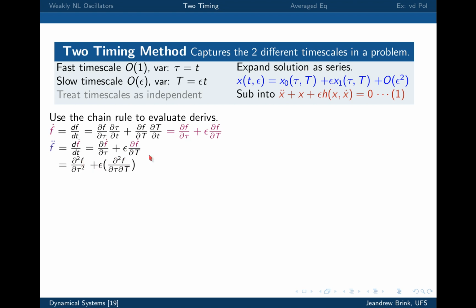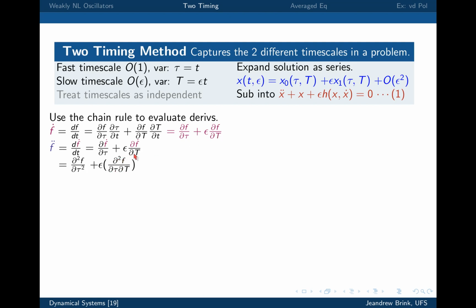I'm still doing this first one, d/dτ of f dot. So I have the second derivative with respect to τ when we do d/dτ here, and then I take d/dτ of this thing as well, and then I get that thing. So there I have epsilon times the second derivative of f times d/dτ times the big T.